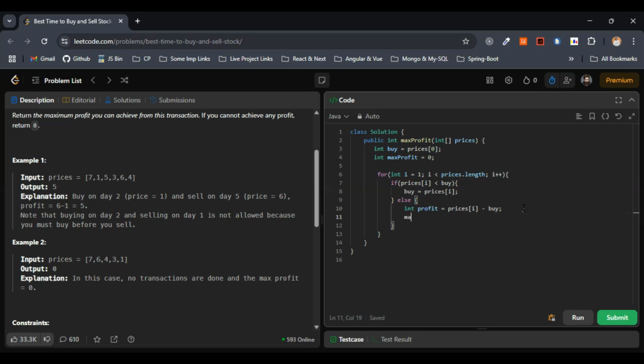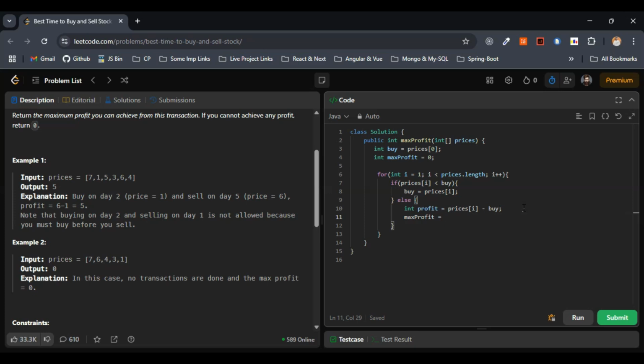So then, max profit equals, each time we get first 3, then 4, 5, then 3 again, right? Out of the values that we got, we have to return the maximum value, right? So if we find a profit more than the last value that we have found, then we have to keep updating the maximum profit.